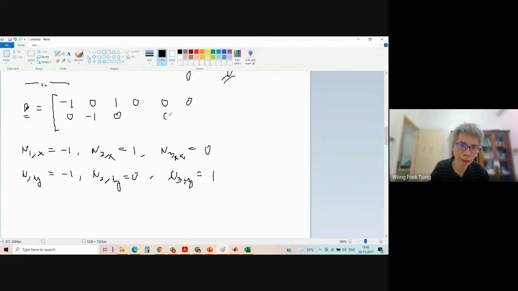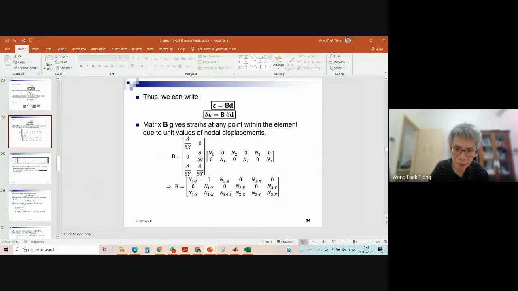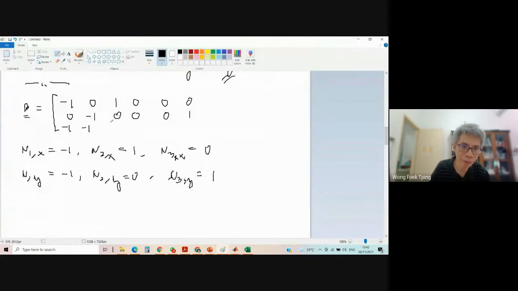This is always 0, right? 0, then 1. And then this is minus 1, minus 1. This is copied from this. Okay, copy from this, 0, 1, copy from this, 1, 0. That's all, the B matrix for this element. All constants, just numbers without variables. So that's the reason why the element is called CST.